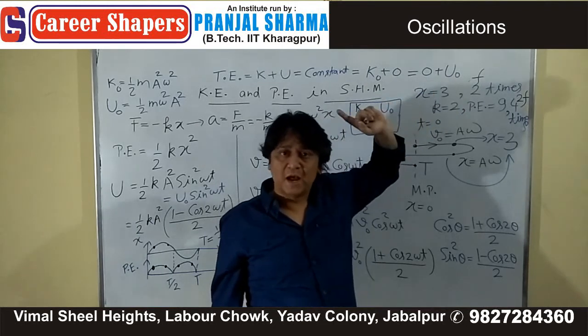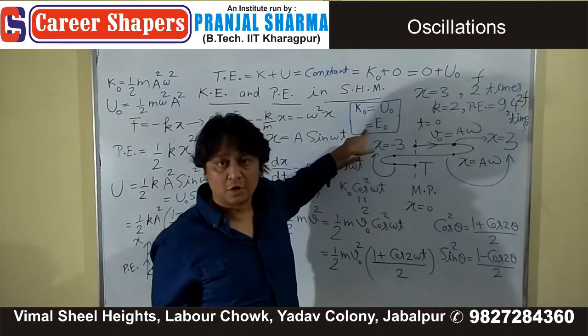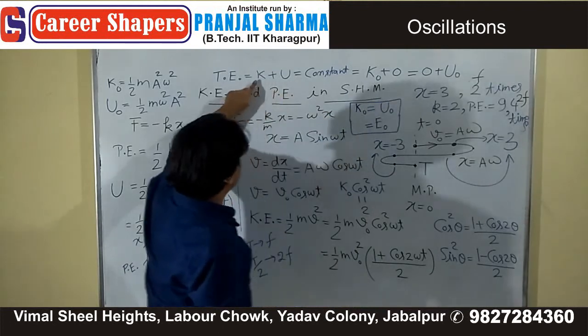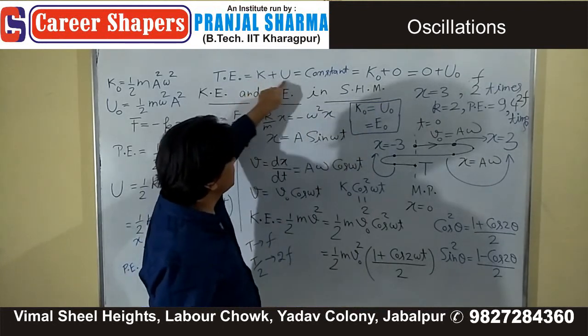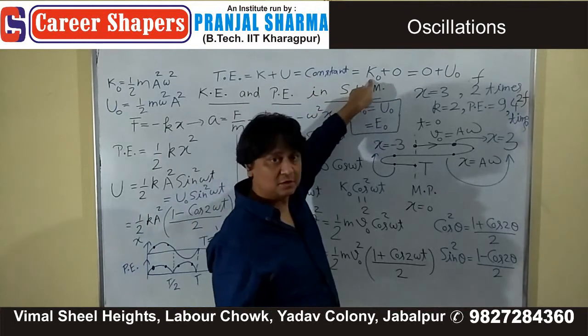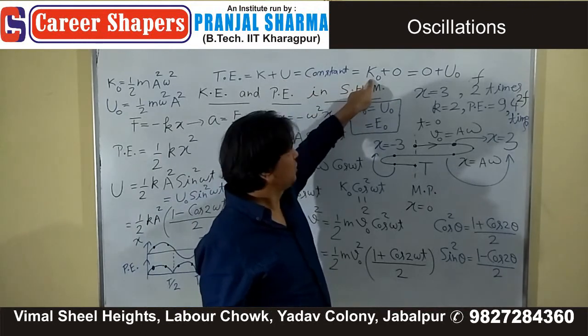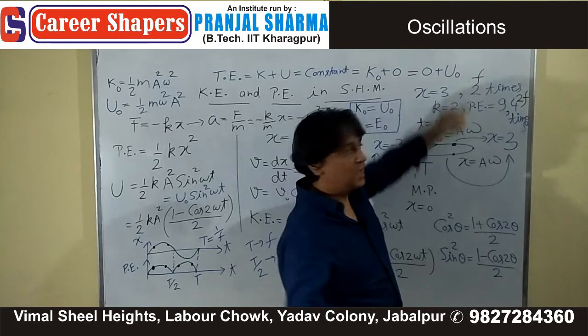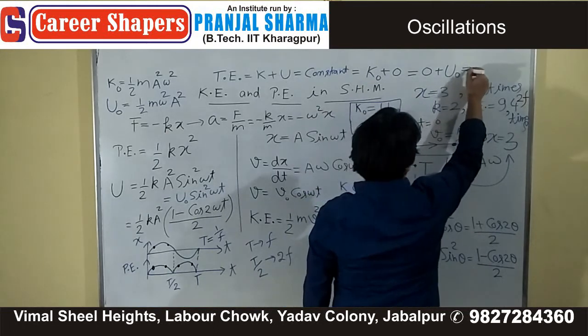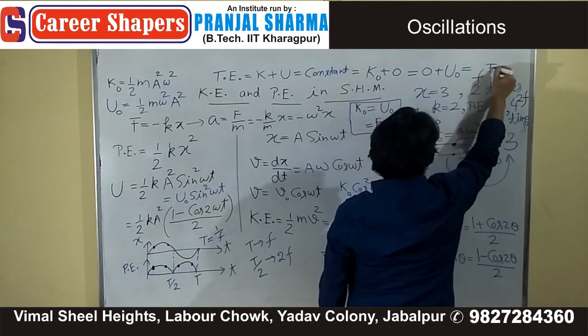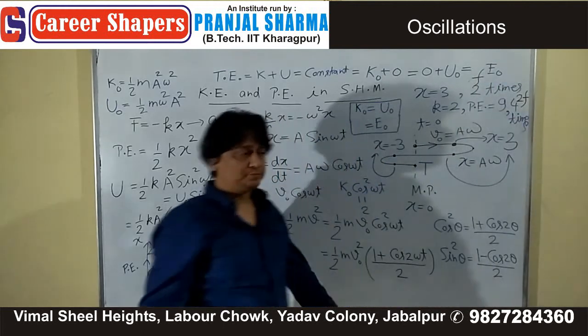And what do you mean by E naught? Total energy. What is total energy? K plus U. What is this equal to? K naught. What is this equal to? U naught. And therefore, we are also writing this whole part in the form of E naught.